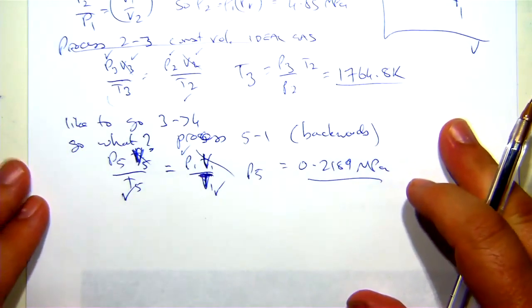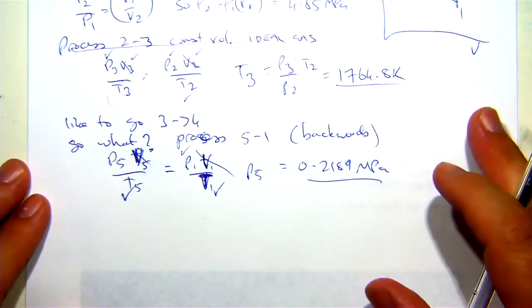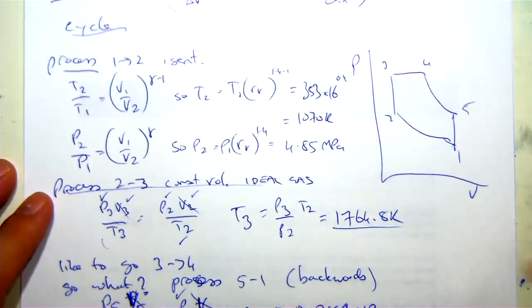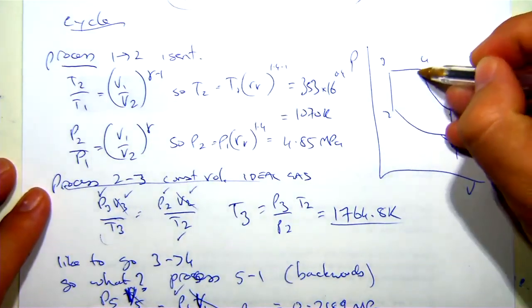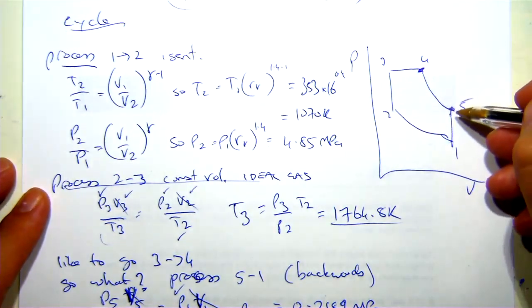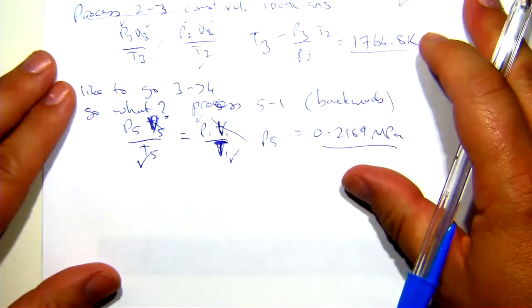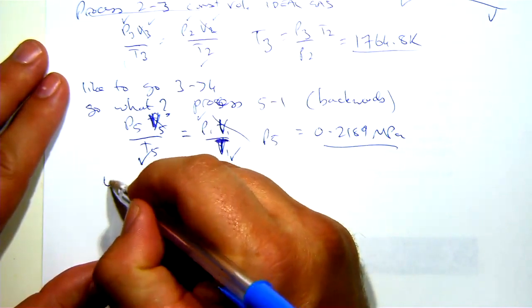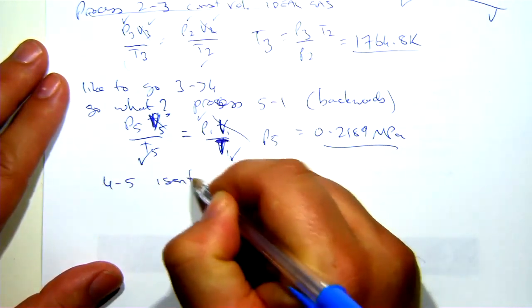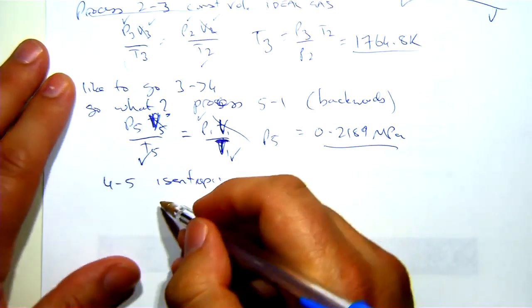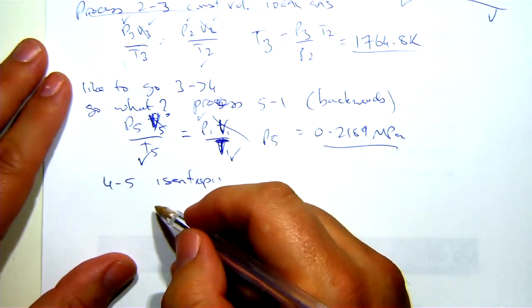And so what? Well, the so what that I've got is that now, let's take a look at this process. If I've got pressure here, and I've got the pressure here, and it's isentropic, that's all I need to find my temperature. I've got a ratio of pressures, so I can find the ratio of temperatures. So 4 to 5 is isentropic, and I'm still going backwards.